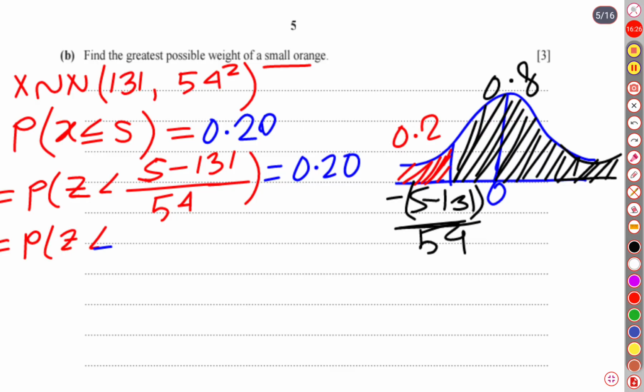Okay, probability is 0.8. As we have used the normal distribution function in the previous case, here also we are going to do so.